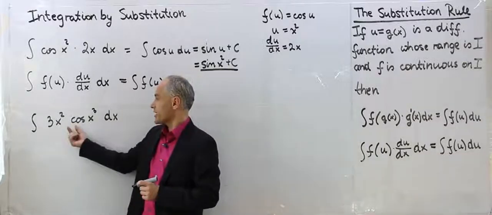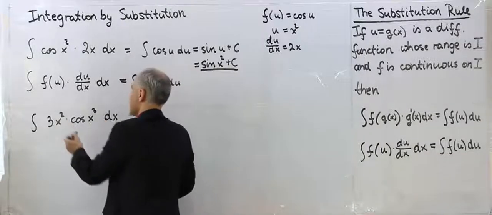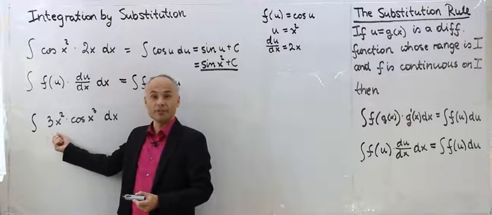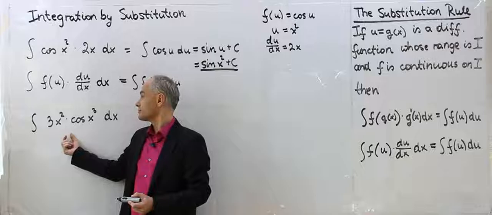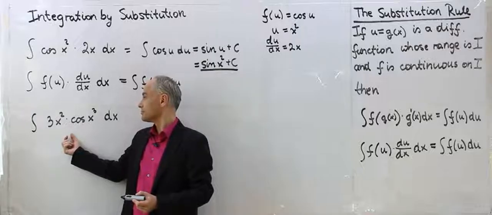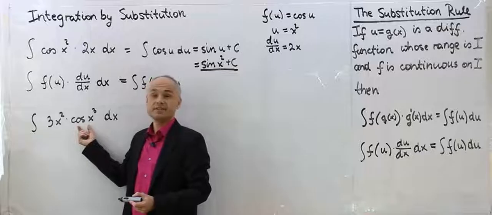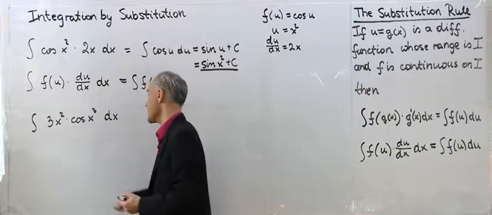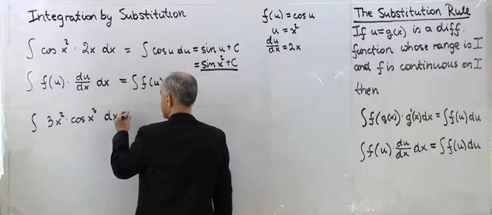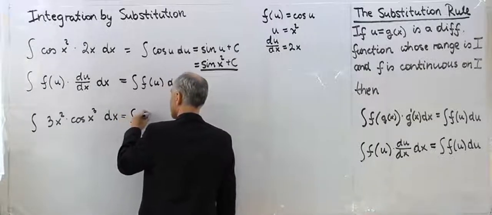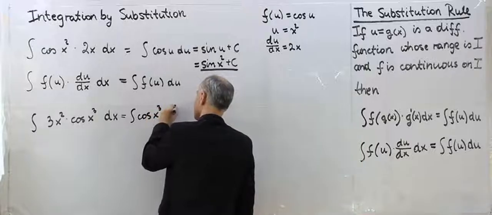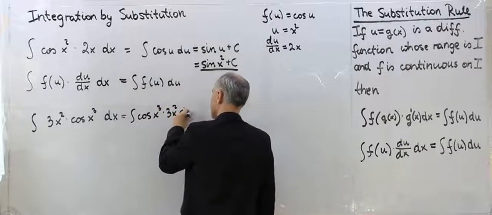So can we think of this product as the product of a composite function times the derivative of the inner function? Well, here we have a composition, right? So maybe I should just rewrite this as the integral of cosine x cubed times 3x squared dx.